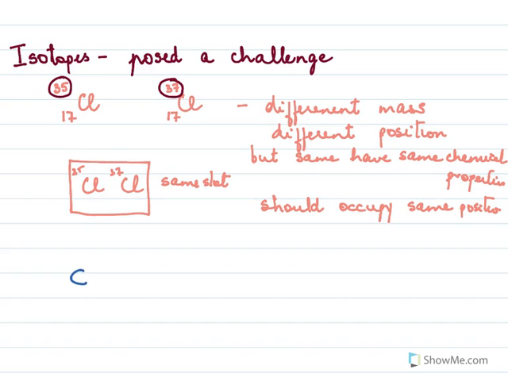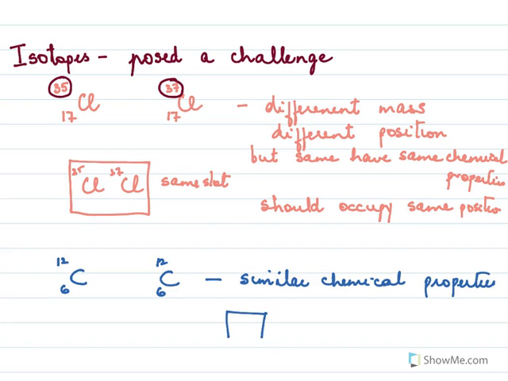Another example is carbon. Carbon has two isotopes. Both have the same atomic number 6, but one is 12 and one is 14. And they have similar properties. So because they have similar properties, they have to be fitted in one slot, in one box. So carbon-12, carbon-14.